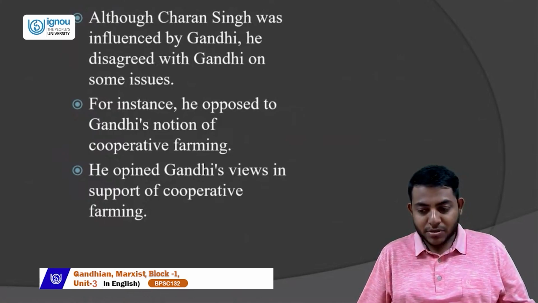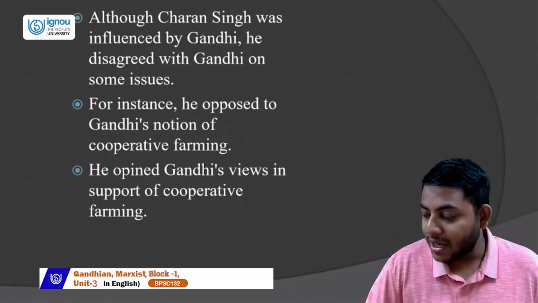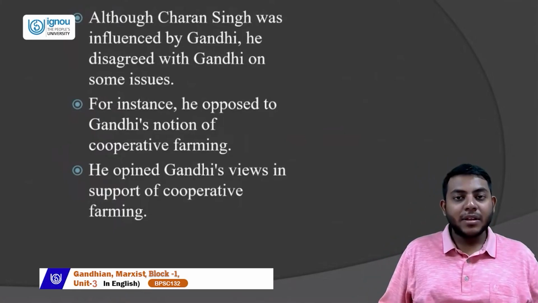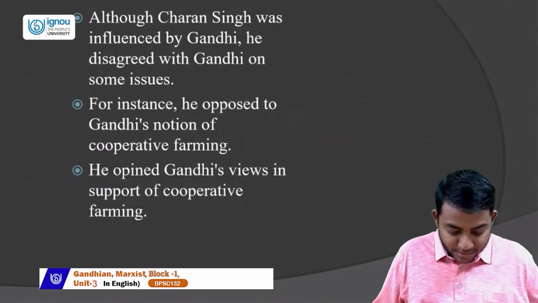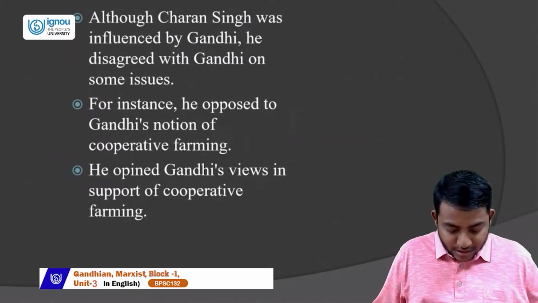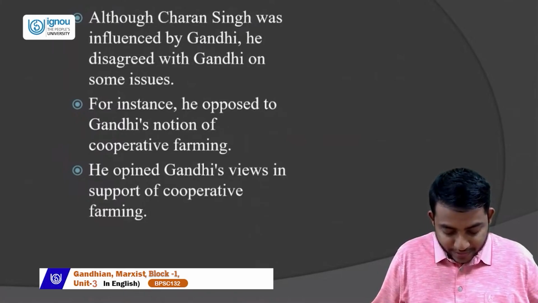The Marxist approach also talks about the withering away of the state. When the class struggles would end, according to the Marxist approach, which is a very utopian vision, the state would become needless and would wither away.